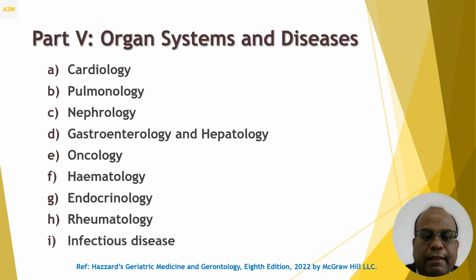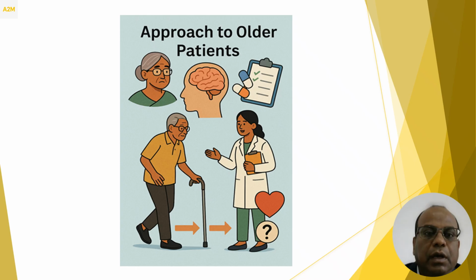So these chapters help clinicians to understand complex interactions, design safe and realistic treatment plans tailored to each patient's condition and goals. So you can actually say that this is geriatric cardiology, geriatric pulmonology, or geriatric nephrology, like that. So by this time, you know the main topics of geriatrics, including gerontology.